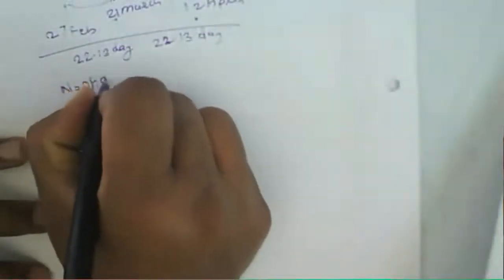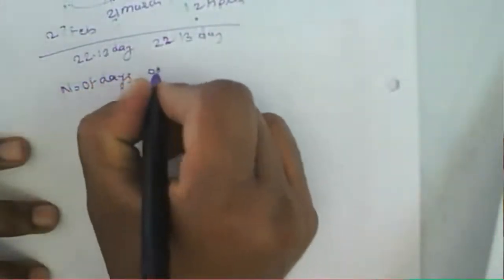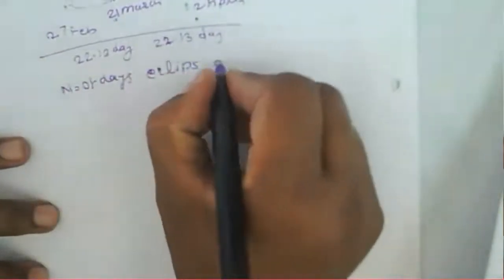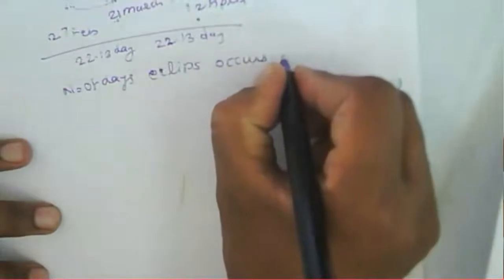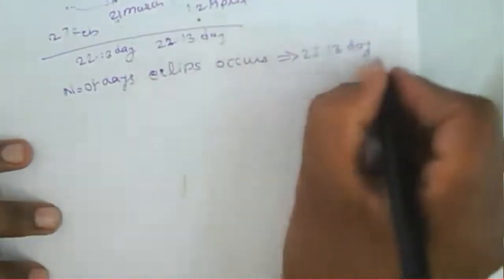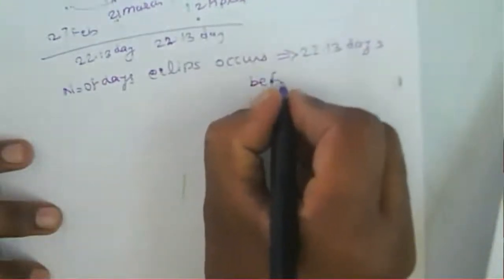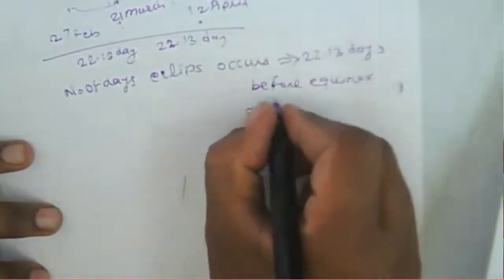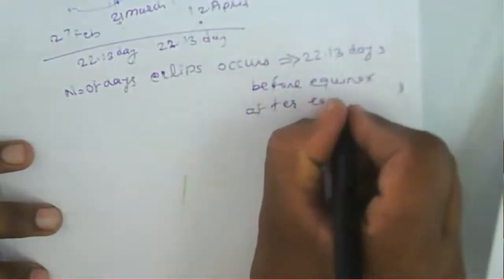So the number of days of eclipse is about 22.13 days, before equinox and after equinox. That is your eclipse duration.